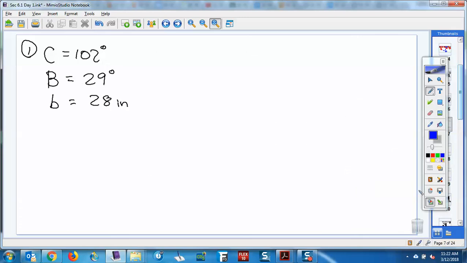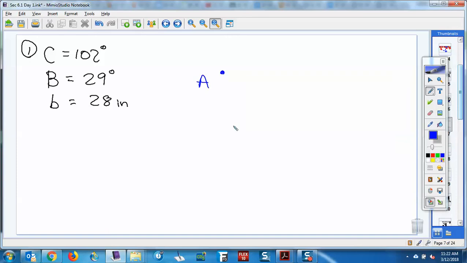So it's pretty simple. Let's say we're given this information. Some of the homework problems are going to give them to you as a drawn picture, but a lot of times they give it to you like this. To be honest, it doesn't matter that you draw it to scale. What I would suggest is always draw angle A in the bottom left corner.